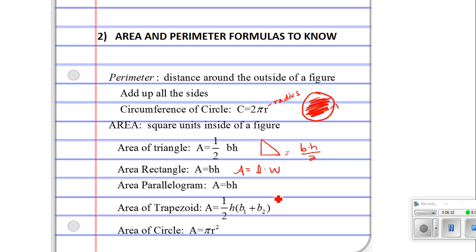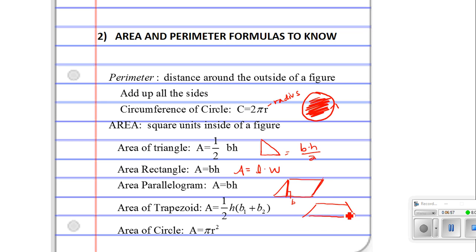A parallelogram, just be careful with the parallelogram. You got 2 sets of sides that are parallel. If this is the base, that height has to come from a 90-degree angle. So just make sure that your height is always coming from a 90-degree angle. The area of a trapezoid, a trapezoid looks kind of like this.